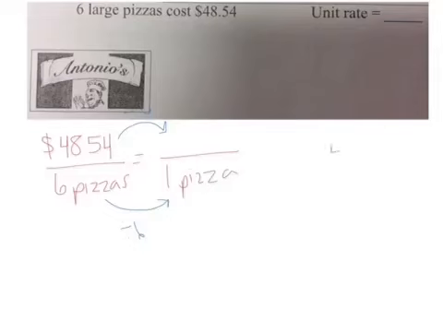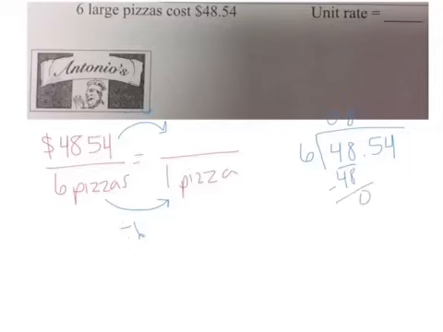So 48.54 inside the house, and 6 goes outside. Now I'm ready to divide. So 6 goes into 4 0 times. I can't do that. So then I move on to 48. 6 goes into 48, let's see, 8 times. 8 times 6 is 48.